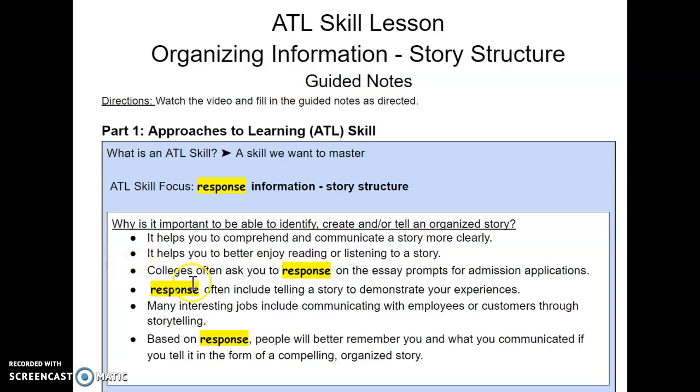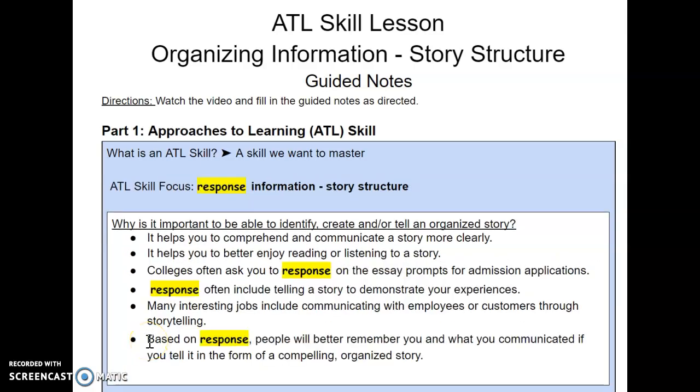Next, colleges often ask you to write a story on the essay prompt for admission applications. Also, job interviews often include telling a story to demonstrate your experiences. Another reason this is an important skill is that many interesting jobs include communicating with employees or customers through storytelling.